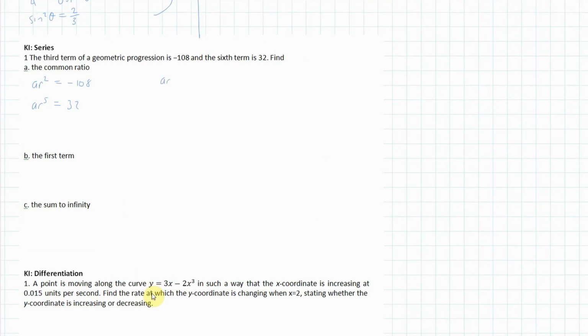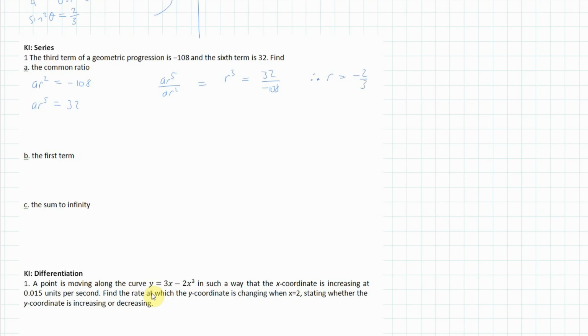So we go AR to the 5 over AR squared equals R cubed equals 32 over negative 108. So therefore R equals the cube root of that. So we go cube root 32 over negative 108, which is giving us negative 2/3. So therefore R equals negative 2/3. That's our common ratio.